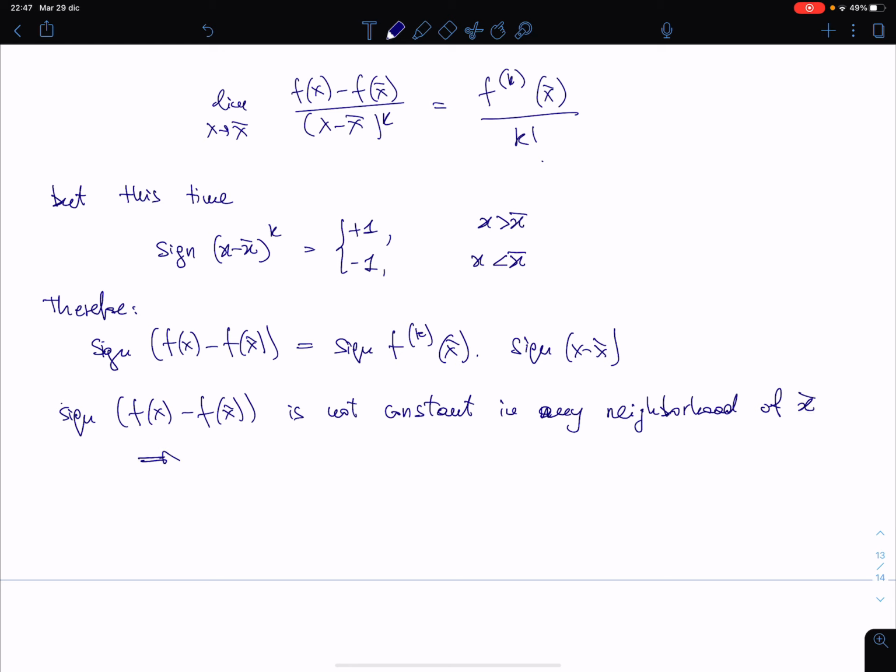So x bar is neither a maximum nor a minimum point. It is called a horizontal inflection point, but up to now it is just a name. In order to understand why this name is appropriate, you have to introduce the notion of a general inflection point and the notion of convexity. And we go to convexity by using this theorem in the next video.